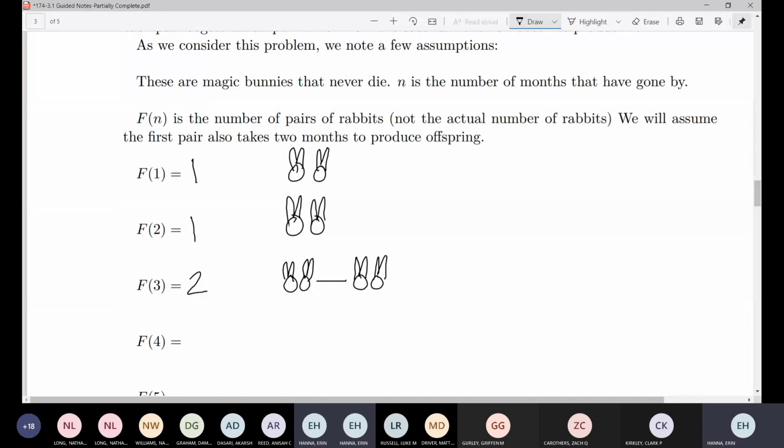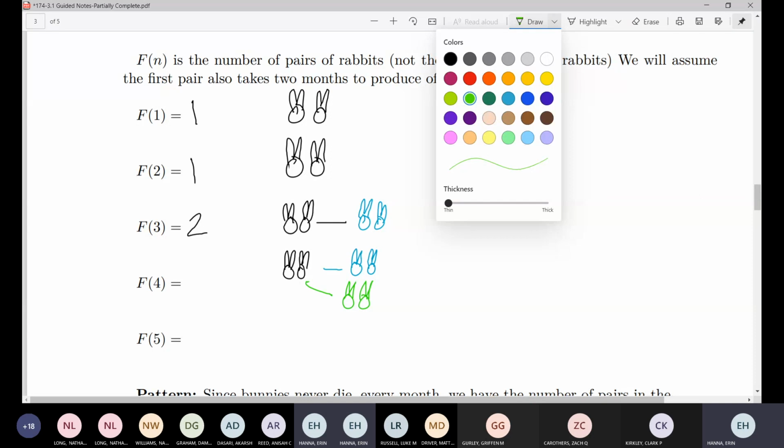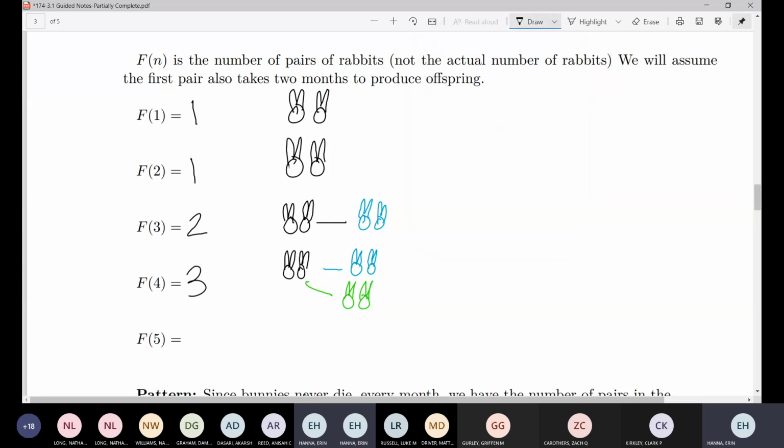So in the next month, we have the original pair of bunnies, we have their original babies, but now there's another pair of bunnies. Now there's 3 pairs of bunnies. Well, now, since it's been 2 months since these bunnies have been around, they finally start making bunnies too.